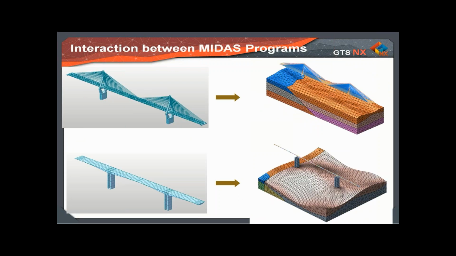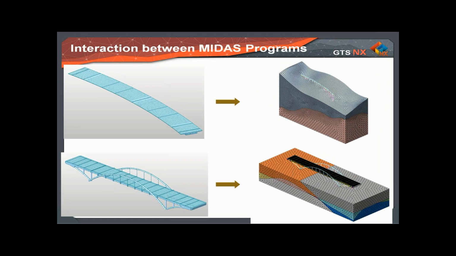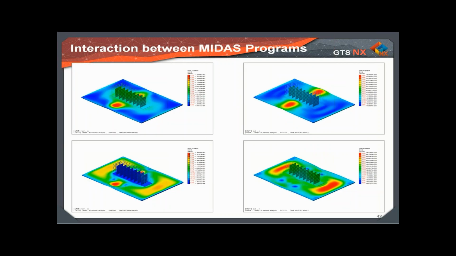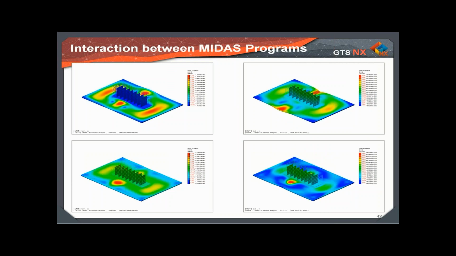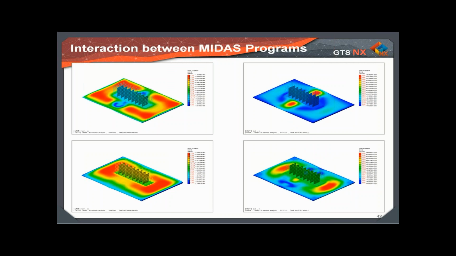Also from MIDAS Civil, the bridge model can be exported into GTS NX as well. Also the bridge applications. So this is showing some results after analysis, including the superstructure in GTS NX.